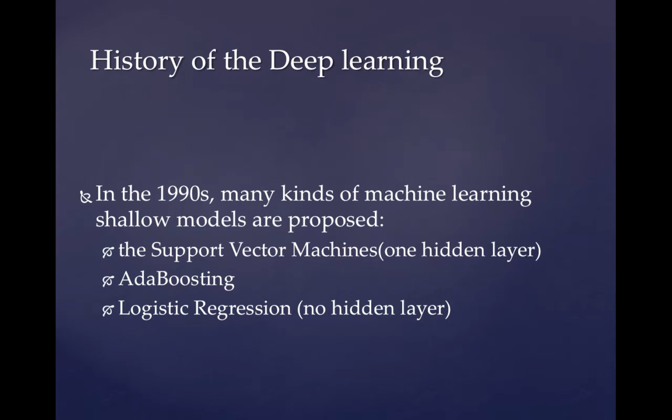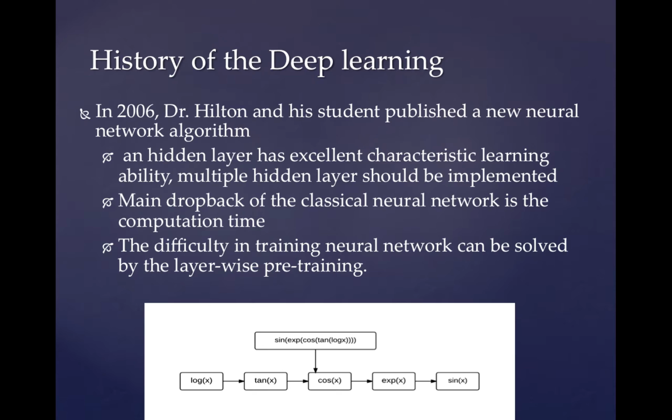These models can be regarded as containing one hidden layer, such as SVM and boosting, or no hidden layer, like LR. Compared with these statistics-based models, neural networks can be very complicated, which needs much training experience and technique. So the development of neural networks was very slow.